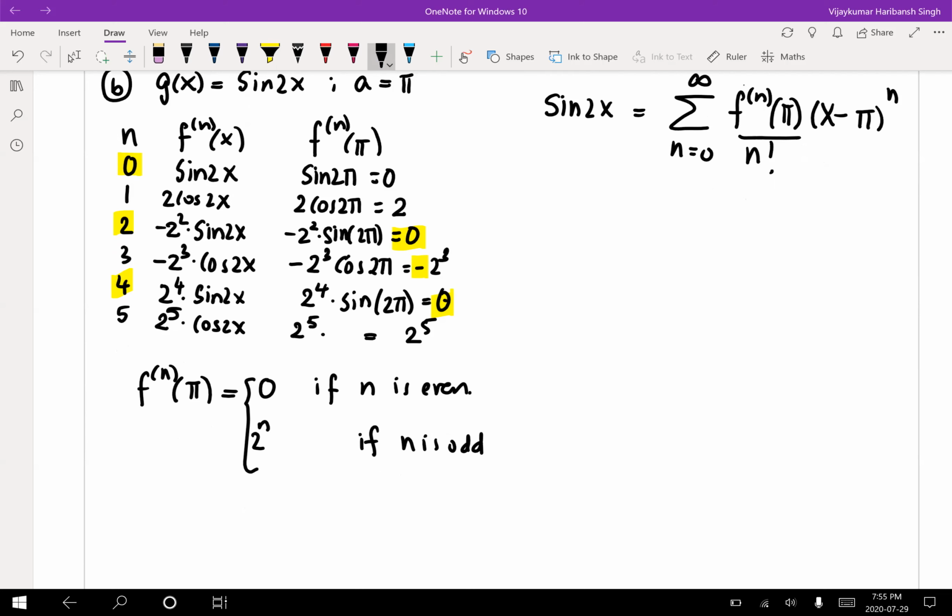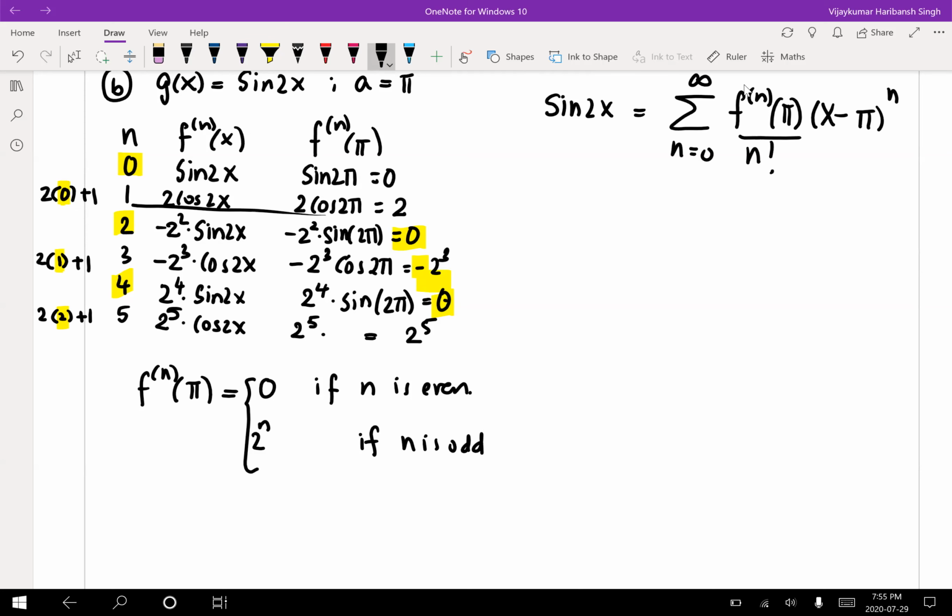Here, let's see the n. In this case, I have 2 times 0 plus 1. In this case, I have 2 times 1 plus 1. In this case, I have 2 times 2 plus 1. So again, it is based on whether this k is odd or even. If k is odd, you get a minus sign. So how do I write it properly?